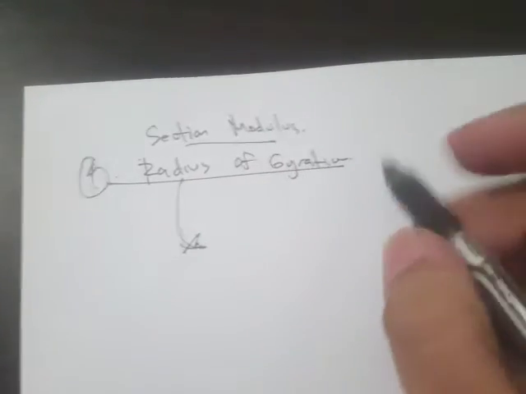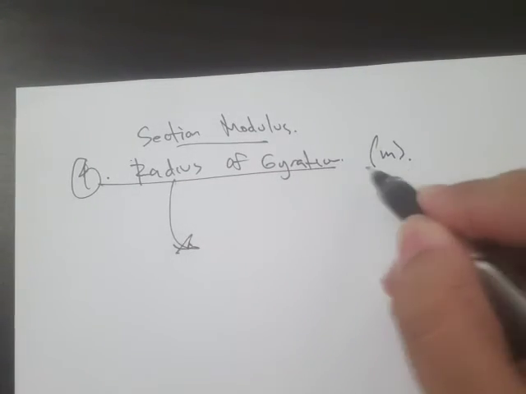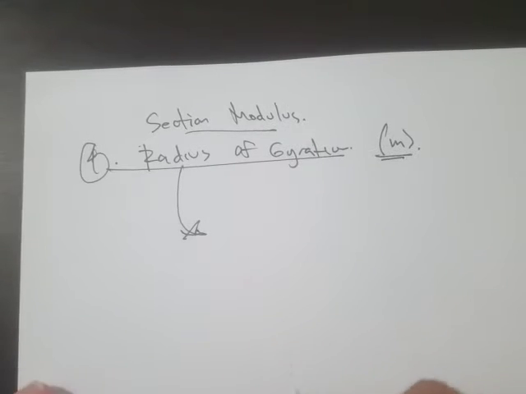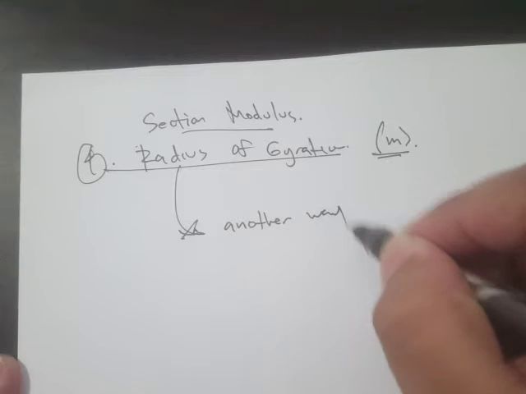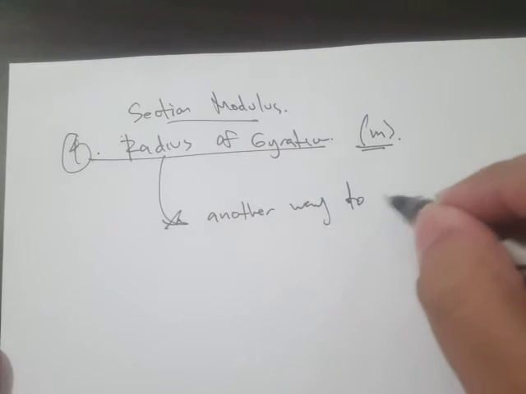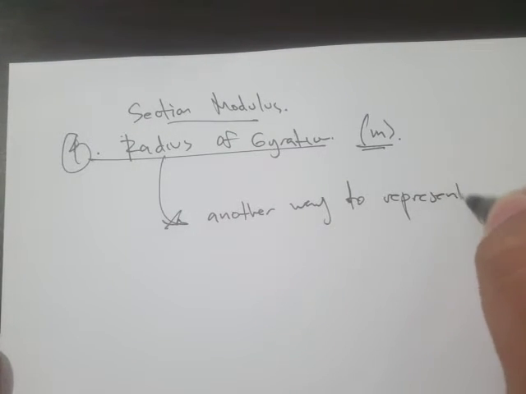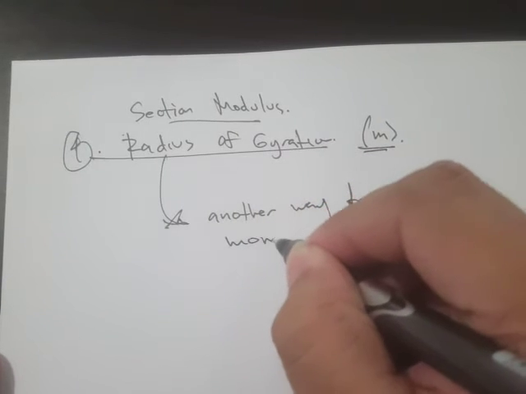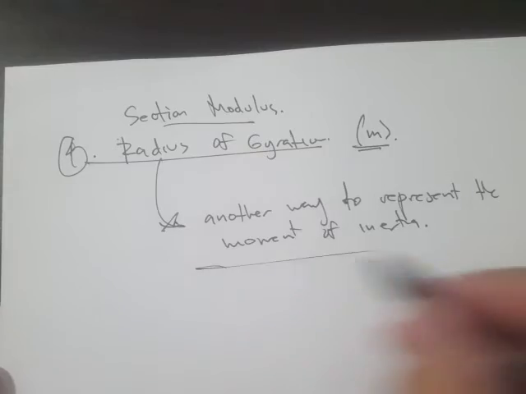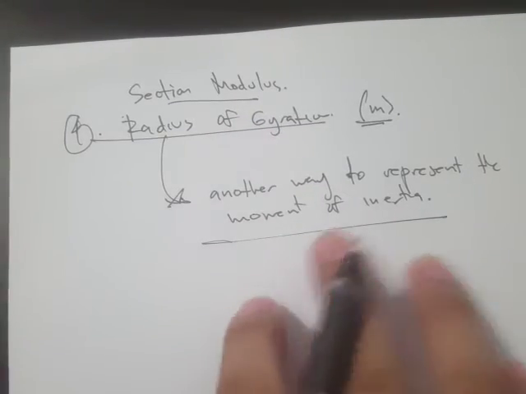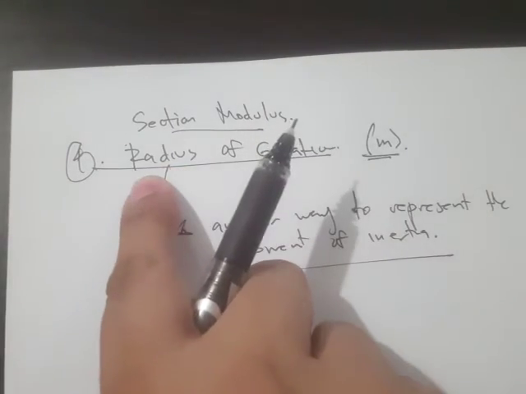The radius of gyration, the unit of this is meter, and it is another way to represent the moment of inertia. From the word itself, it is just a unit of length.